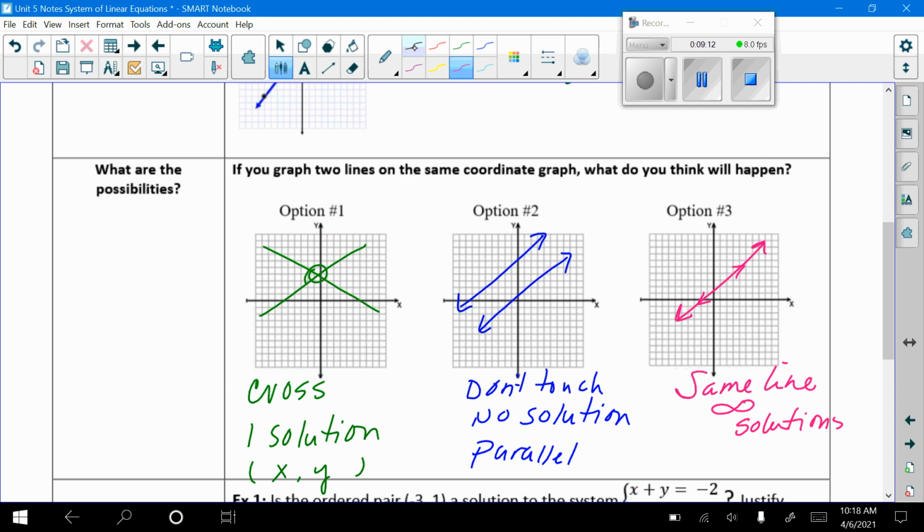Now, along with that, we've already learned a few things about lines previously, but if they cross, they're going to have different slopes. Now, in option 2 and 3, they have the same slope.